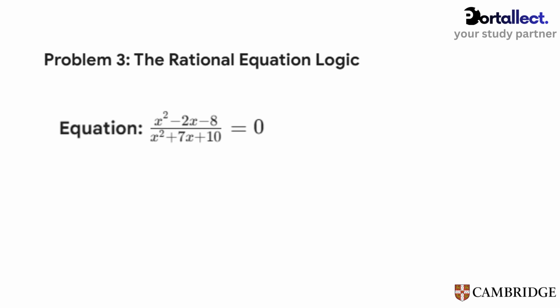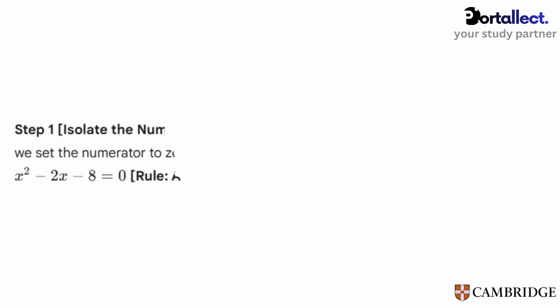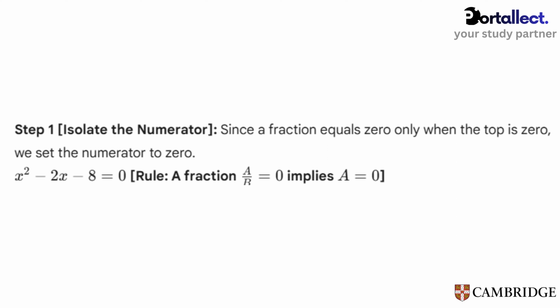In problem 3, we are dealing with a rational equation. x squared minus 2x minus 8 divided by x squared plus 7x plus 10 equals 0. The most important rule here is that a fraction can only equal 0 if its numerator is 0. So, we start by isolating the top part. x squared minus 2x minus 8 equals 0.